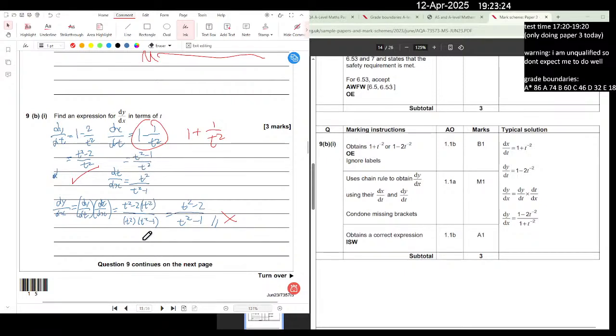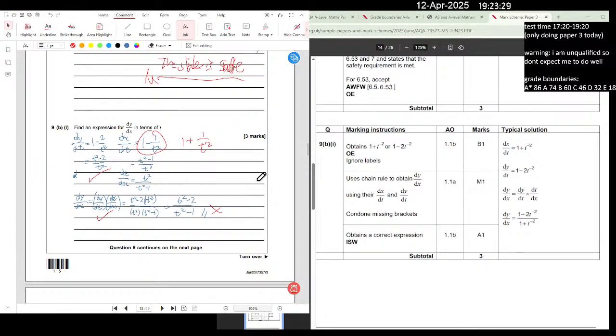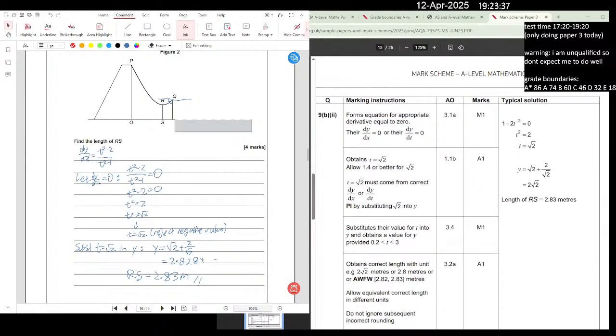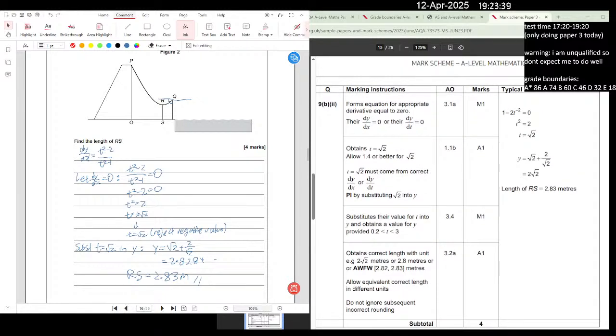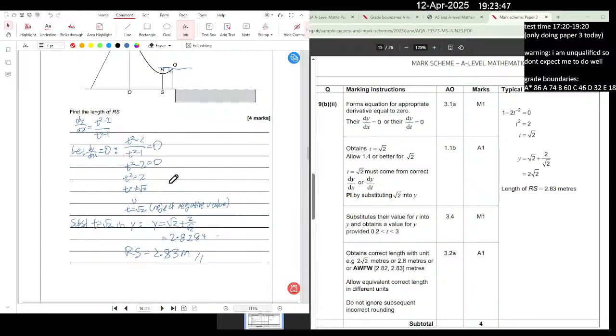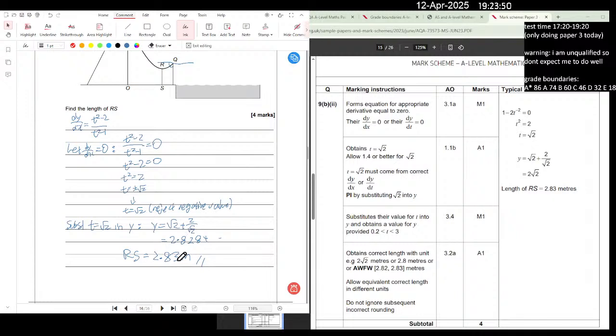Uses chain rule to obtain dy over dx using it. Okay, I think I got a method mark for that at least. Oops, that's a careless mistake. Didn't realize that. Well, hopefully it's some kind of error carry forward. Okay, by some miracle, this is still the same answer. So why is it still the same answer? Okay, attains t equals root 2.